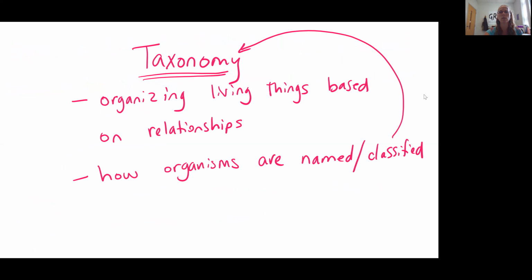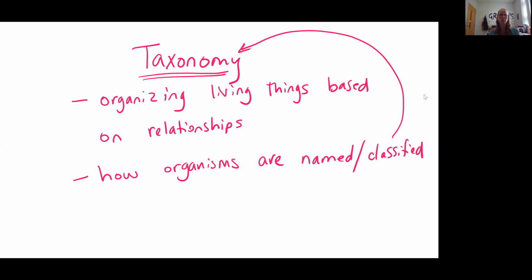Now, as we start to talk about our organisms, we will see that this term taxonomy is referring to how we organize and classify and name organisms, and it's really based on relationship. We're looking in large part at genetic relationships.